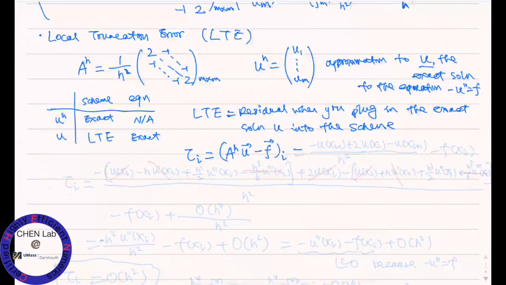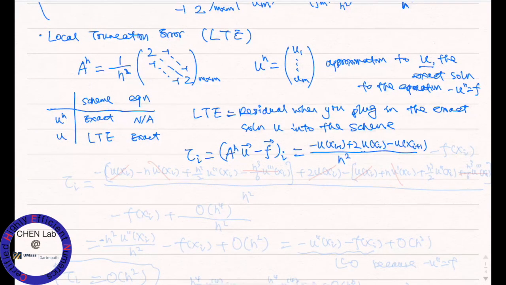So you can go back to what we had before, which is you had that 1 over h squared, you have a negative u(x_{i-1}) plus 2u(x_i) minus u(x_{i+1}). That is equal to f.